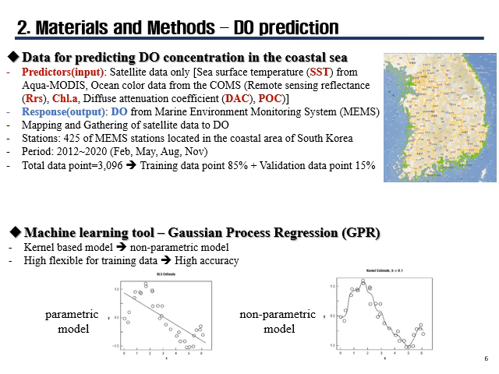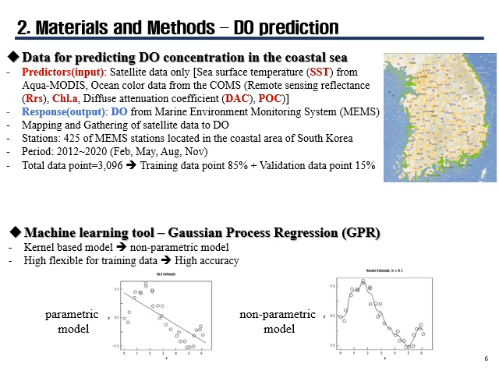The total number of DO stations was 425, located in the coastal sea of South Korea, as shown in this right map. We used the data from 2012 to 2020. The total number of data points was 3096, and we used 85% of the data for training the model and the remaining 15% for validation.